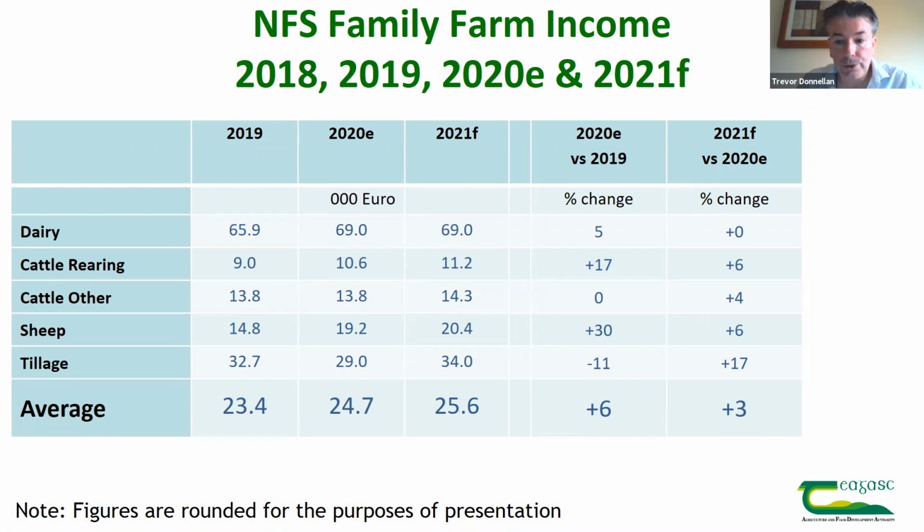So taken together, those income changes, when they're weighted together to reflect the different amounts of farms in the various systems, gives us about a 3% increase in the average farm income in 2021 compared to 2020. So that's an increase of about €900 in the average farm income in 2021 versus 2020.